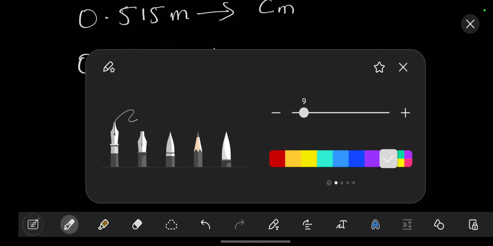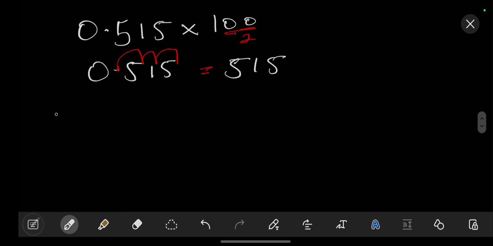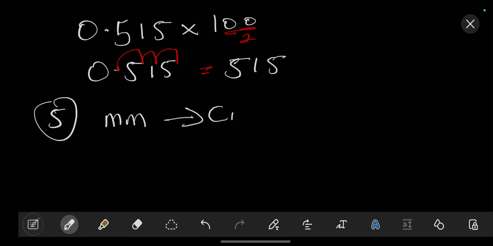So really quick, I've done 4 so far. Number 5, I want to do at least 6. The 5th one right now, let's see how we can convert from millimeter to centimeter. How can we do that? We have to divide the value in millimeter by 10. So we're dividing our value in millimeter by 10.